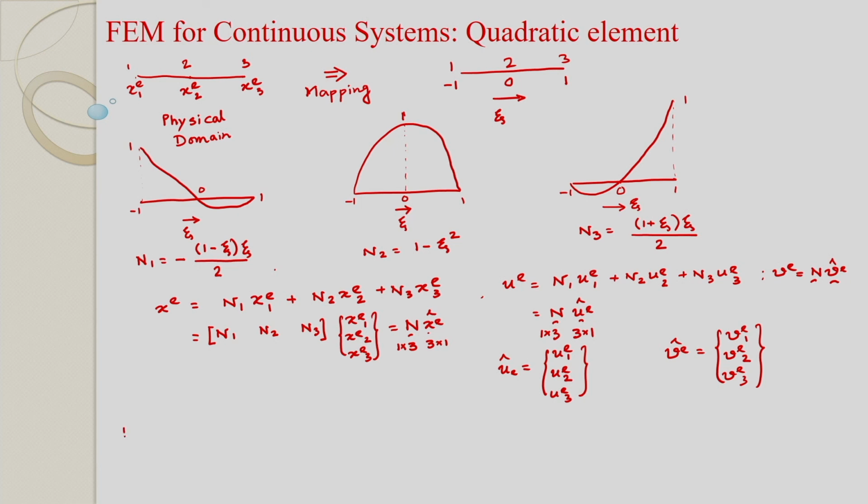Now, this x e is a function of xi. So, we can write the derivative of x e with respect to xi as dN1 d xi, dN2 d xi, dN3 d xi multiplied with x e hat.